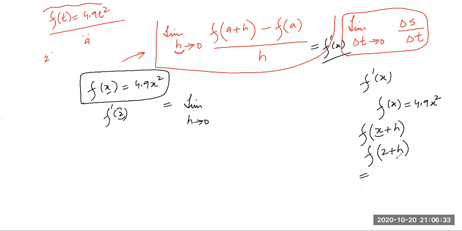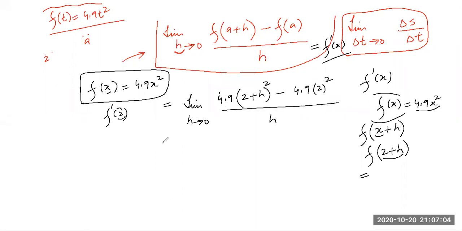Can anyone tell what this will be? Do it fast. f of x is 4.9 x square. Instead of x, you write 2 plus h. So it will be 4.9 into 2 plus h whole square, minus f of a. f of a is 4.9 times 2 square. I want to find the value at 2, divided by h.